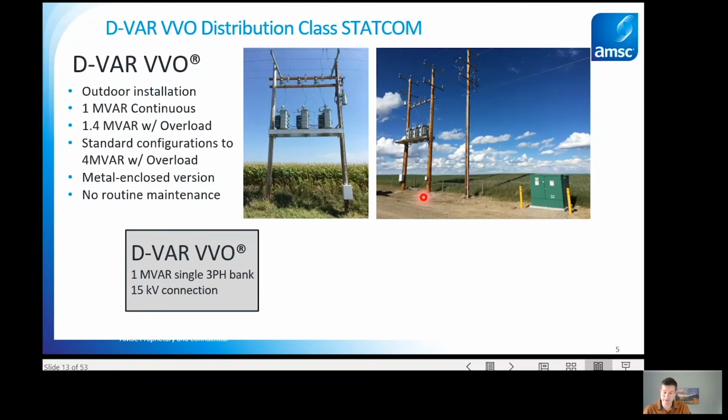And in either case, we're still staying within that existing utility right-of-way. So a very big advantage in a lot of these projects is to be able to install that equipment in that existing right-of-way, avoiding those expensive potential land procurement requirements or requiring a new easement.